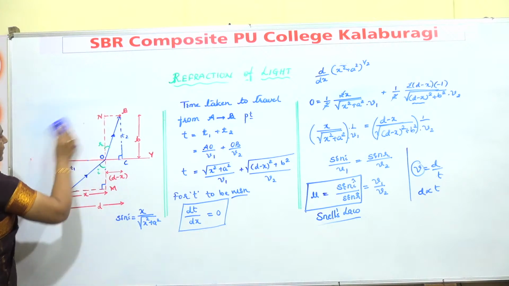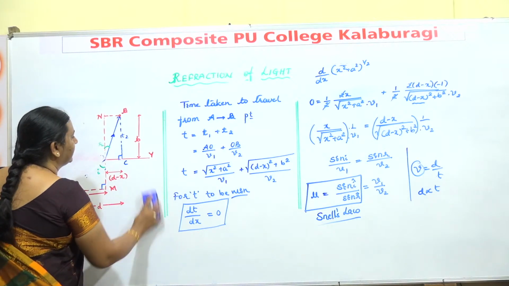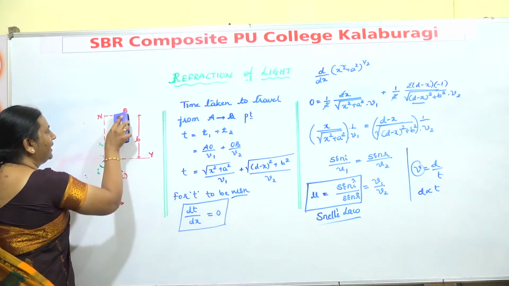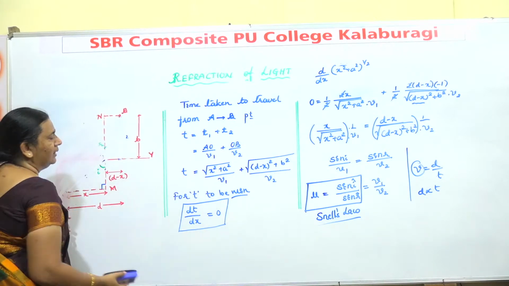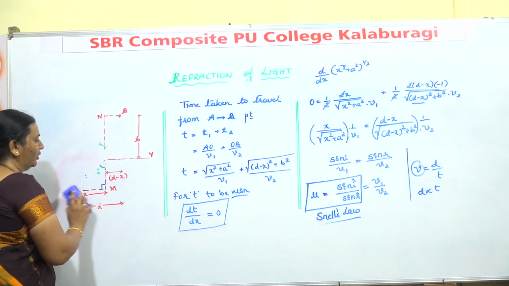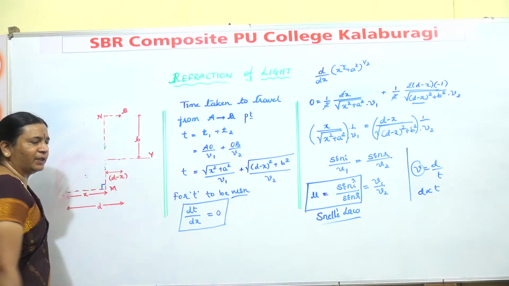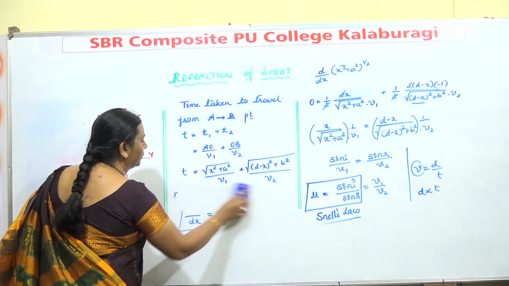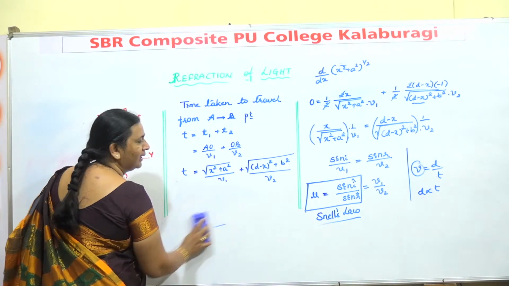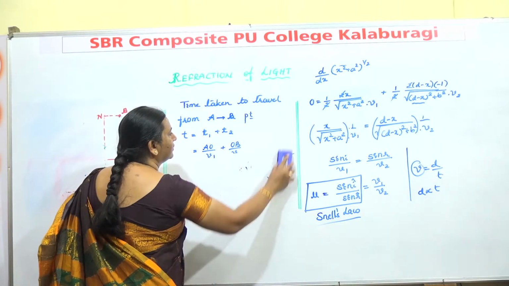But do remember, this was explained by Fermat, whereas later practically, the ratio of sine of angle of incidence to the sine of angle of refraction should remain constant for a given pair of media, but it was proved later by Snell, hence it is experimental. So it is known as Snell's law.